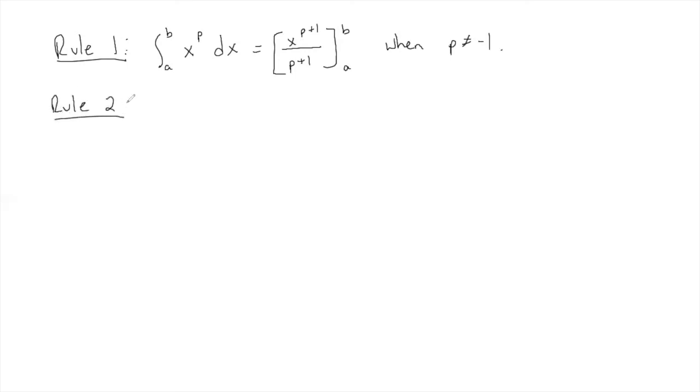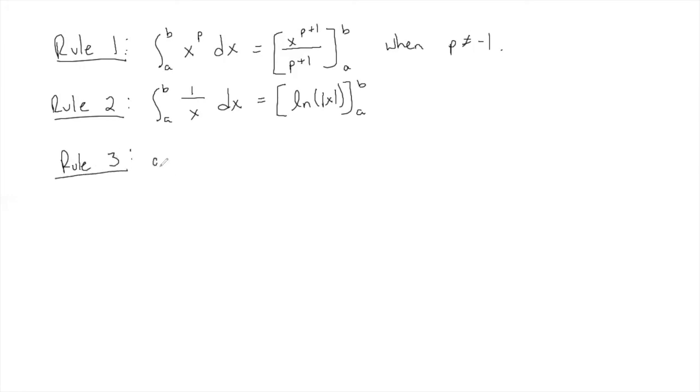Rule 2 is when p is equal to -1, what do we do? Well, when p is equal to -1, I have 1 over x dx. And we have ln of the absolute value of x. Now, the absolute value is very easy to forget, so make sure you pay attention to that, from a to b.